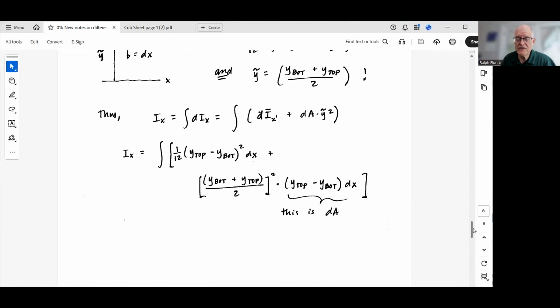So the real lesson is don't use an element perpendicular to the axis of interest. Use the dxdy and a double integral, or use an element parallel to the axis. And then it's relatively straightforward, and you should be able to do it. But just be careful with this. Obviously, if you're looking for a good time, you might want to work one of these all the way out. Not. It's complicated.